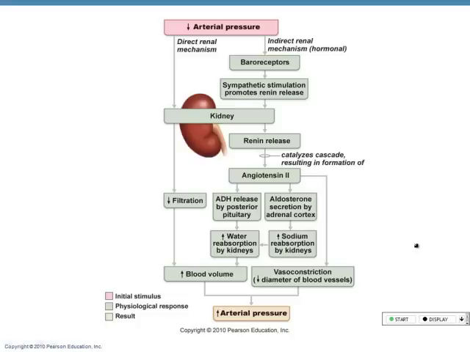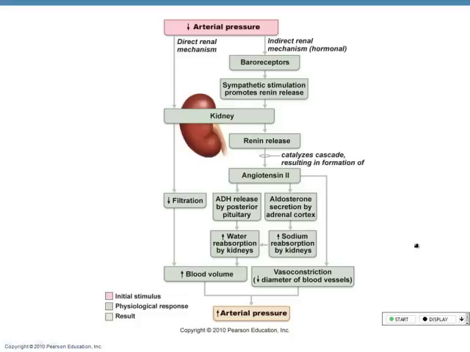Sodium. So if these cells, instead of letting free more sodium, when they get a signal from the Renin-Angiotensin Pathway, and this guy called aldosterone from the adrenal cortex, if they are told reabsorb more sodium back into the circulatory system, who's going to follow? Water. This is called obligatory water reabsorption.